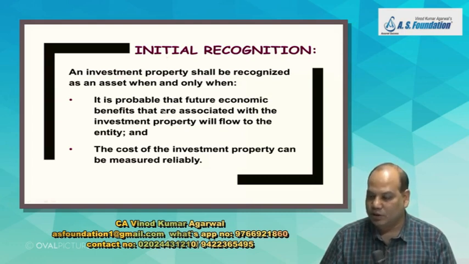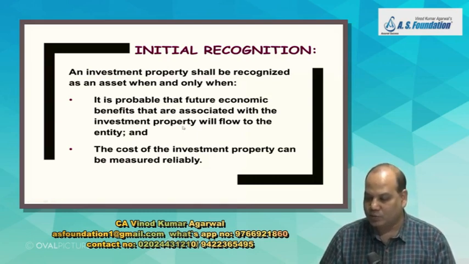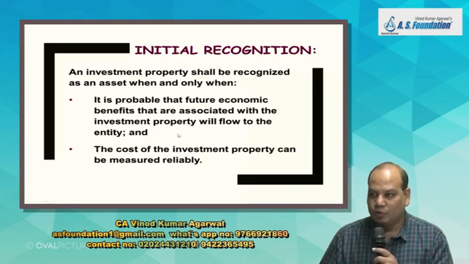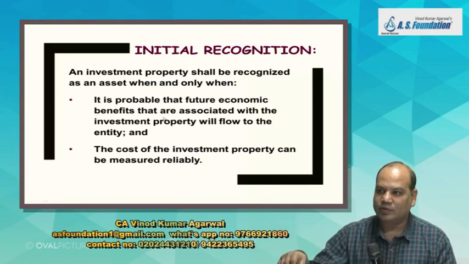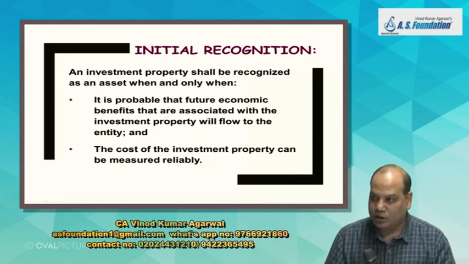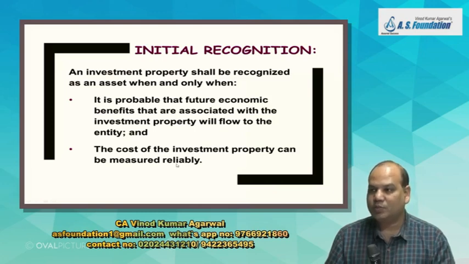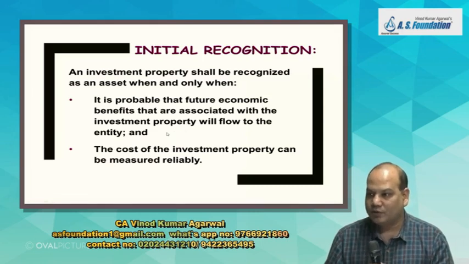It is probable that future economic benefit associated with the investment property will flow to the entity. For any asset on the asset side of the balance sheet, it should generate future economic benefit, and the cost of the investment property can be measured reliably. Second part may not be very difficult, but sometimes the first part you have to check carefully.